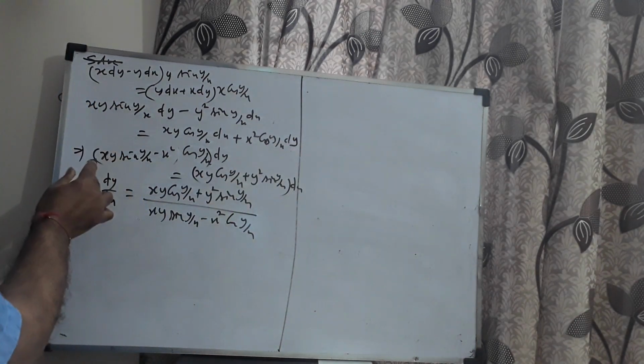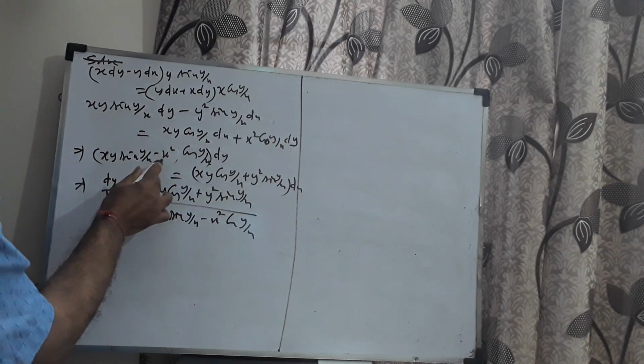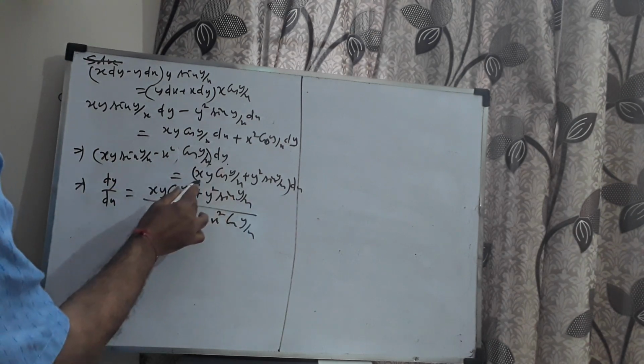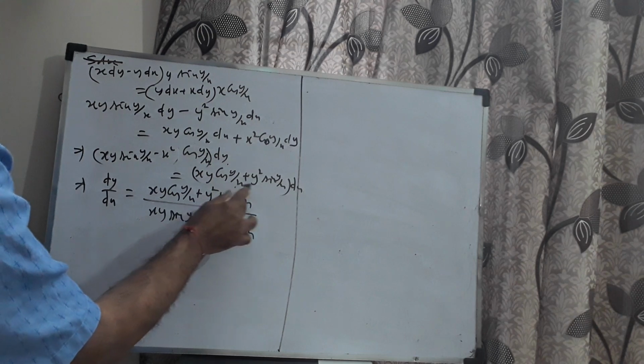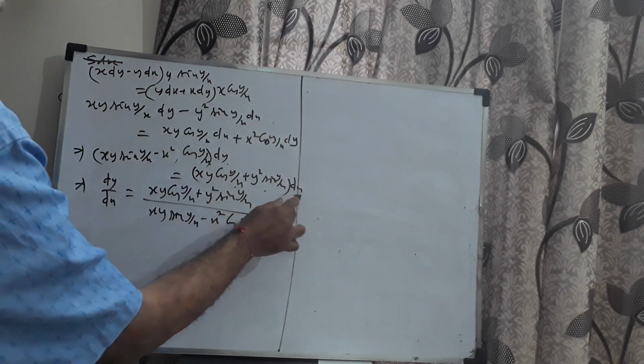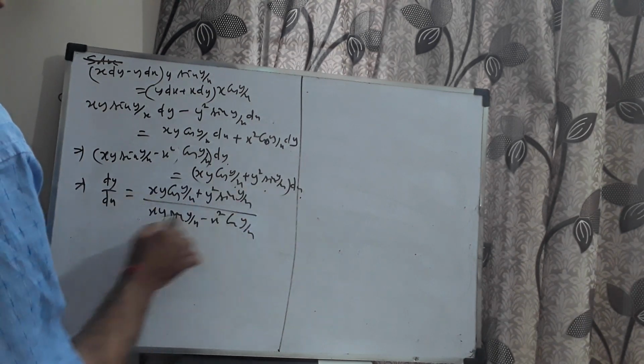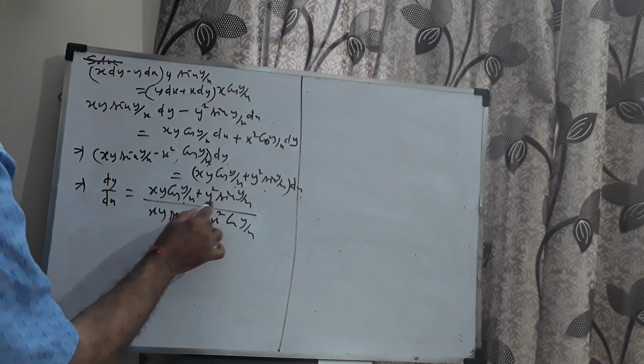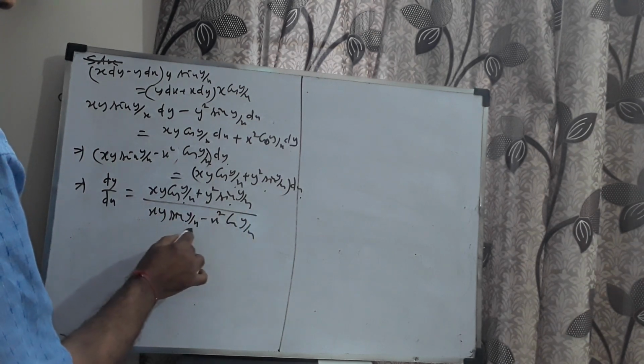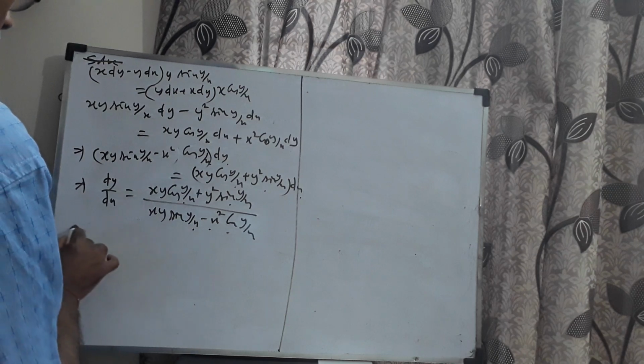Therefore, xy sin y by x minus x square cos y by x dy is equal to xy cos y by x plus y square sin y by x dx. Therefore, dy by dx happens to be xy cos y by x plus y square sin y by x divided by xy sin y by x minus x square cos y by x.